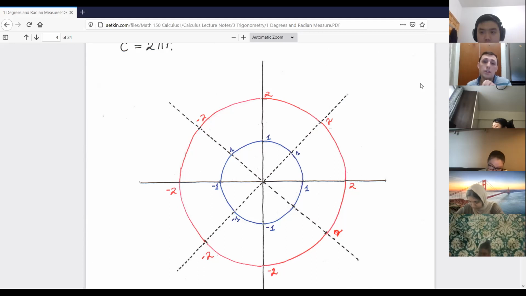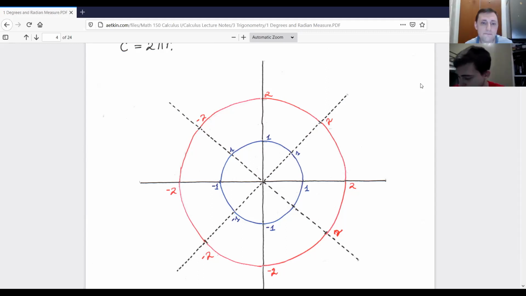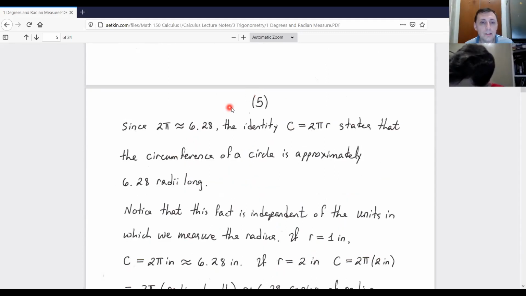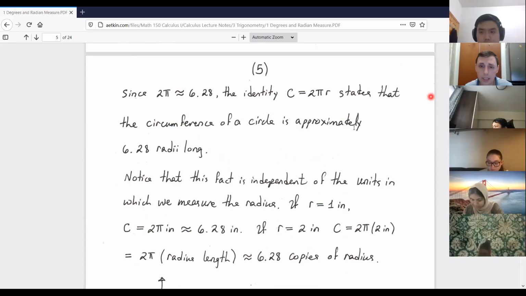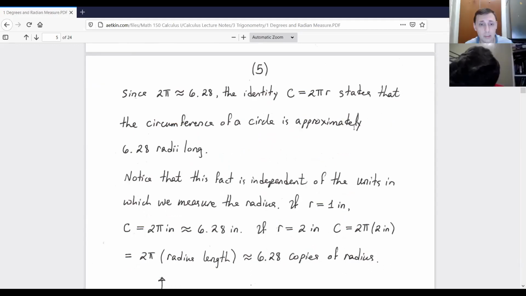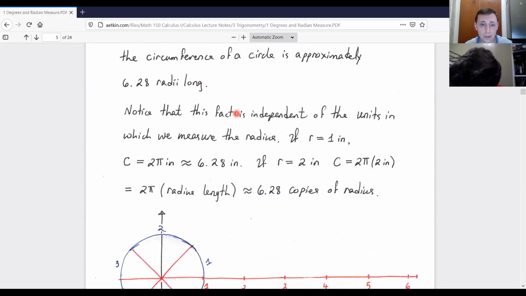But in each case, the measurement is about 6 radii length. Good. So this you can prove, but you can just take it as given. That's an Archimedean property. I can show you at some point if you want to.